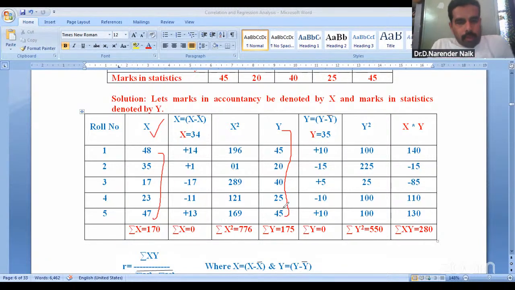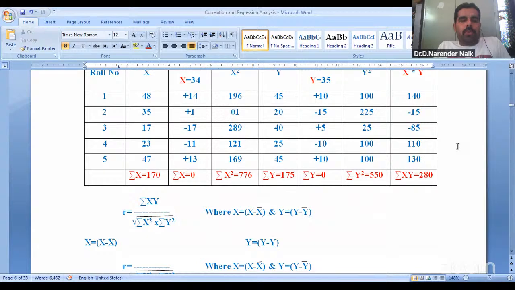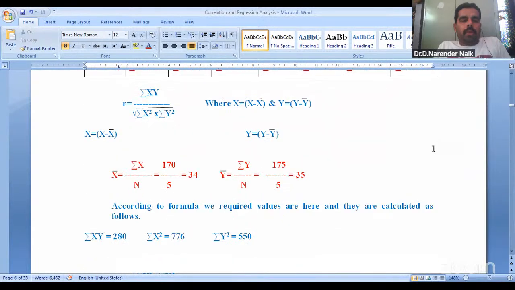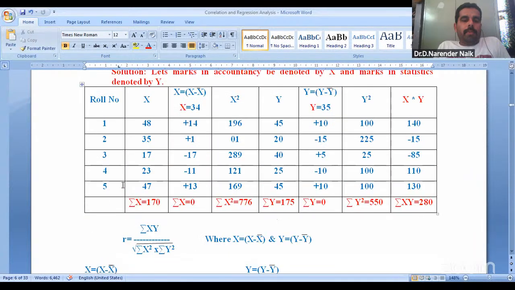We copied these variables from the question paper. Then we have to decide whether this problem belongs to actual mean or assumed mean. To know that, observe carefully. We need to find the average of these values.